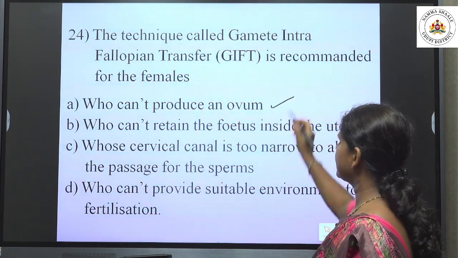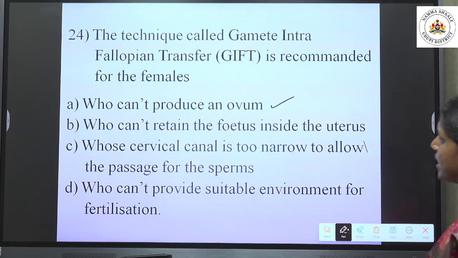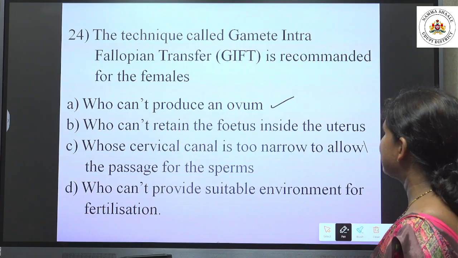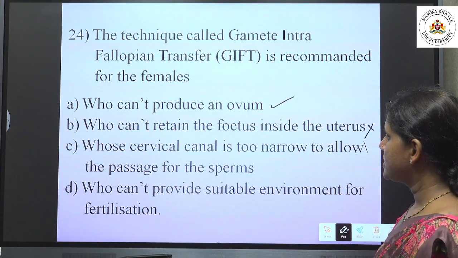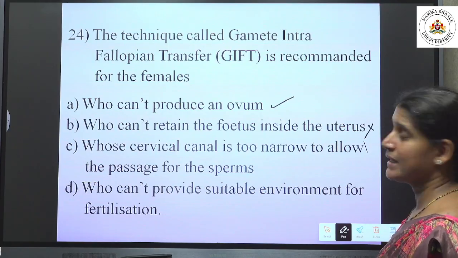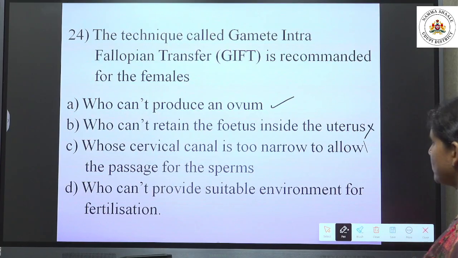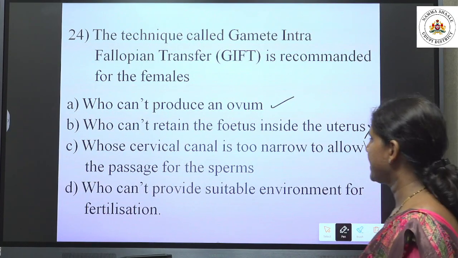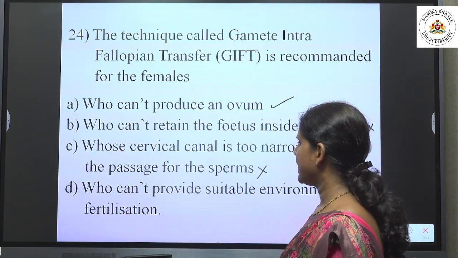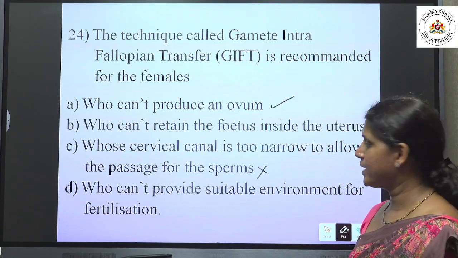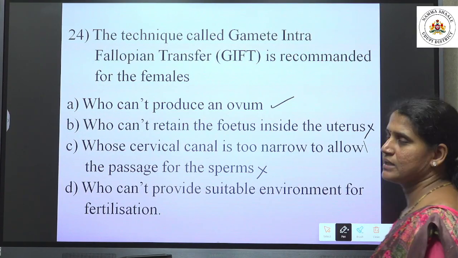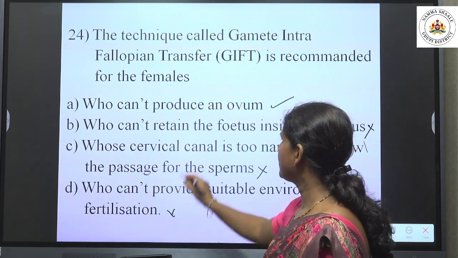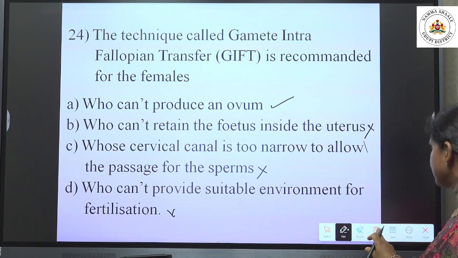It is mainly preferred for the woman who can't produce ovum, who cannot retain the fetus inside the uterus, whose cervical canal is too narrow to allow the passage of sperms, and who cannot provide a suitable environment for fertilization. So hence option A is correct.